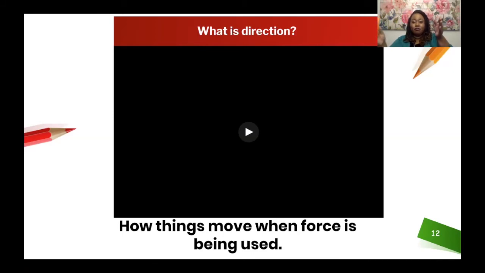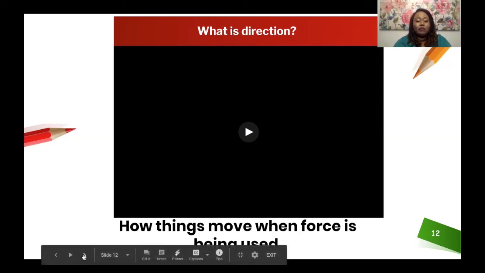If I throw something, throwing an object does the same thing. I'm using force, and depending on the amount of force that I use, it will determine how far something will go. So if I throw the marker, it went right to left, right? All right, that's using force, energy, and motion.